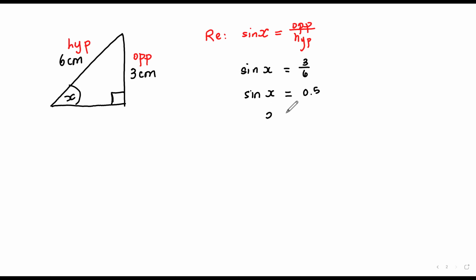So x is equal to sine inverse of 0.5. I want everybody to check that on your calculator, just so you'll recall how to use your calculator to find the angle. To refresh your memory, you press the second function, sine, 0.5, equals.